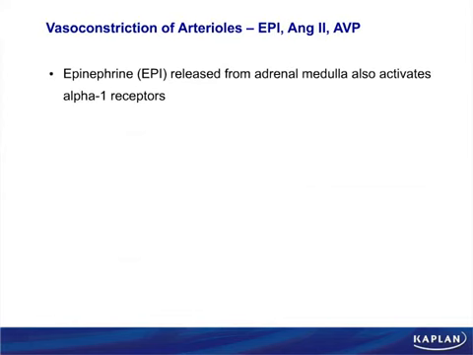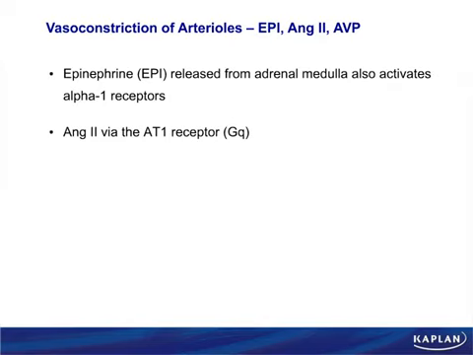All right, some other players that'll cause vasoconstriction are hormones. Epinephrine, remember it's released from the adrenal medulla, can also vasoconstrict via alpha-1. Angiotensin II is a vasoconstrictor. We express vascular AT1 receptors. Also use Gq.